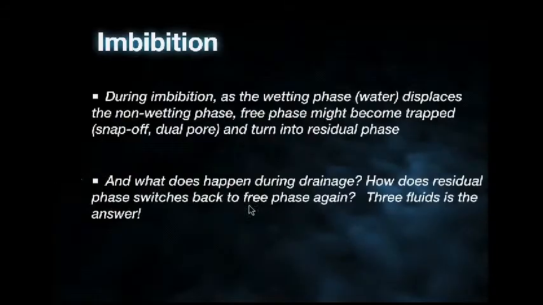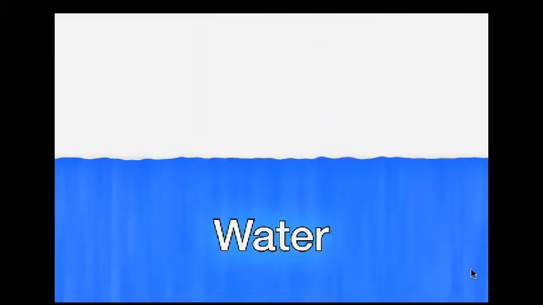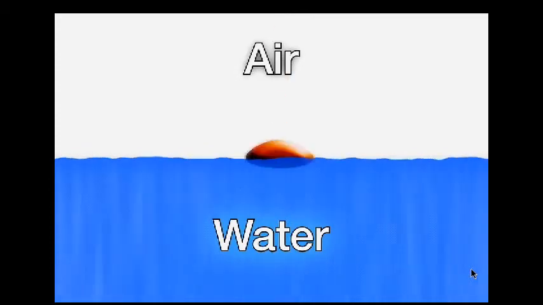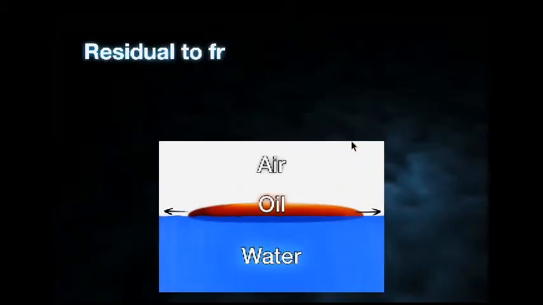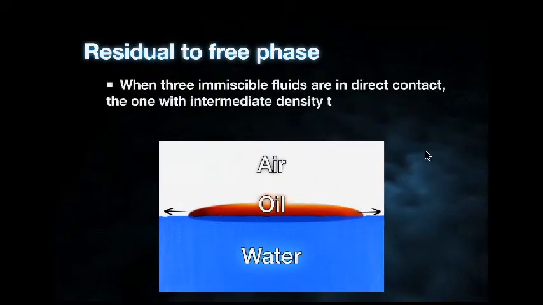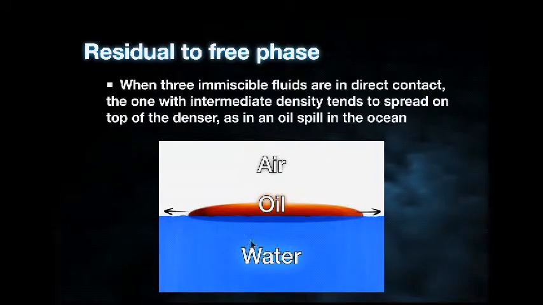Well, take a look at this situation here. We have air, we have water, and we have oil. That's a situation of a typical spill of oil on the ocean.